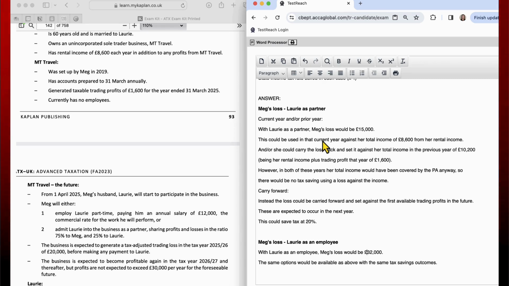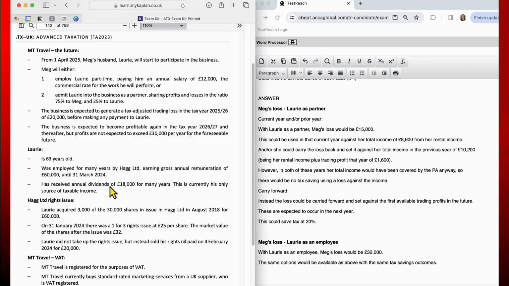but we're not being asked to give any particular opinion. We're just being asked to state the rate at which tax would be saved. So I don't go down the line of talking about, well, if you carry forward, it might take a few years before you get the tax relief, whereas if you use your losses now, you get the immediate effect of the tax relief. We're not being asked to give an opinion in any way.